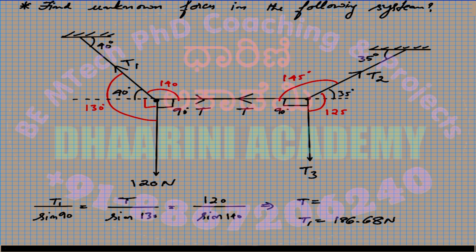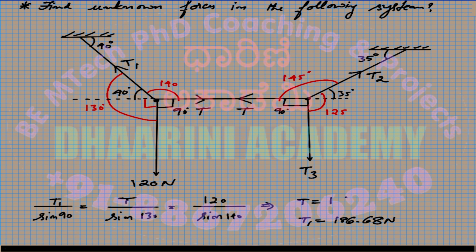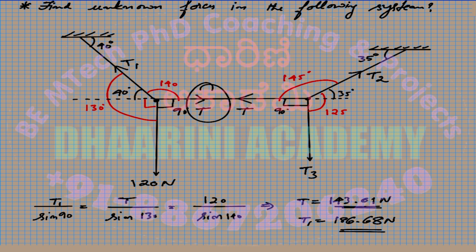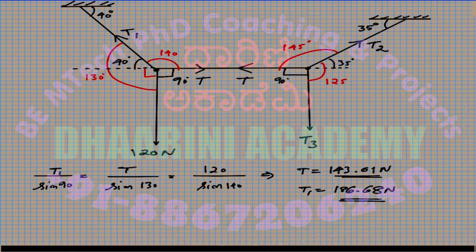So T, if you want to calculate, this is 143.01 Newton. So when I write this for the second one, you can see the same T has to be used, right? So let's try to write that equation for the second time.